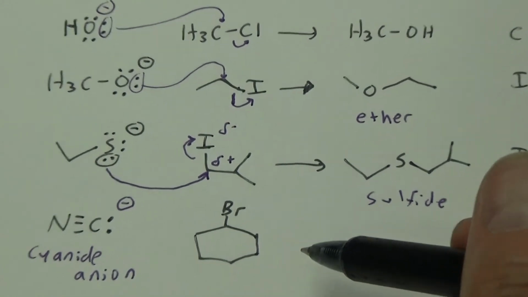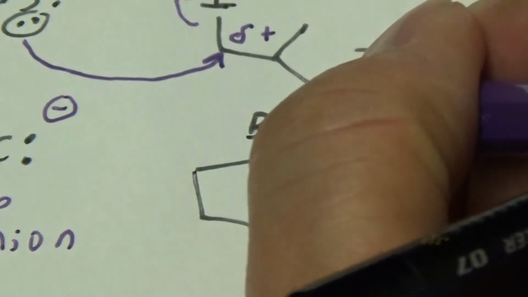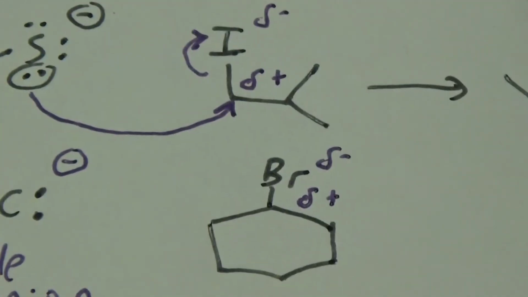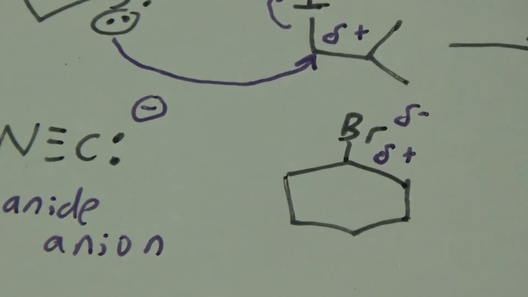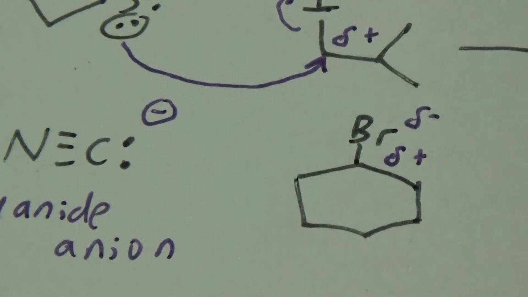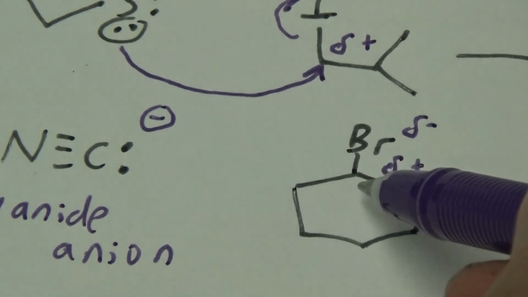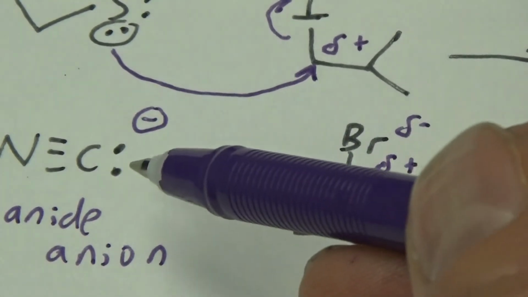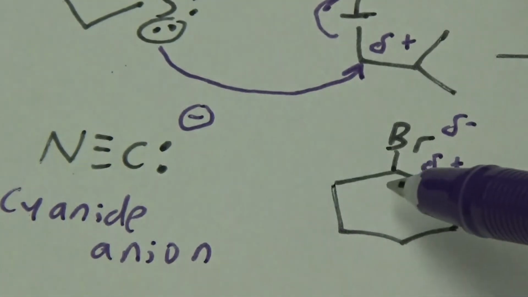Let's draw in the delta charges. Delta negative, delta positive. You can draw it larger on your page; I'd recommend drawing it nicely so you can see everything. The carbon is delta positive and the bromine is delta negative. So where is the cyanide going to attack? The cyanide is going to attack the carbon.